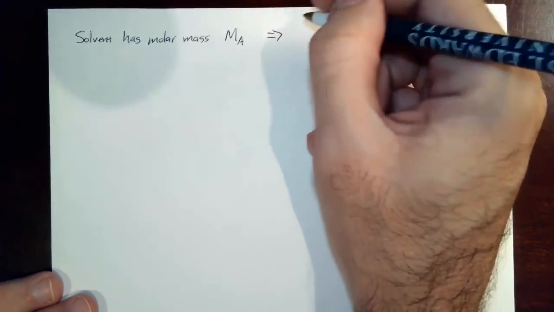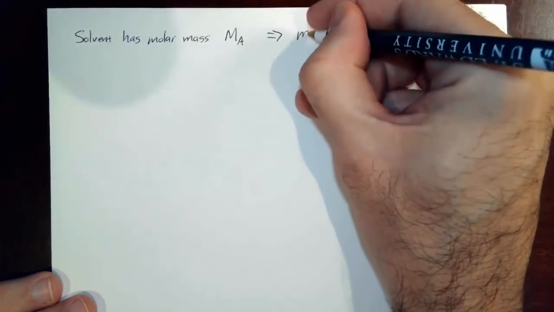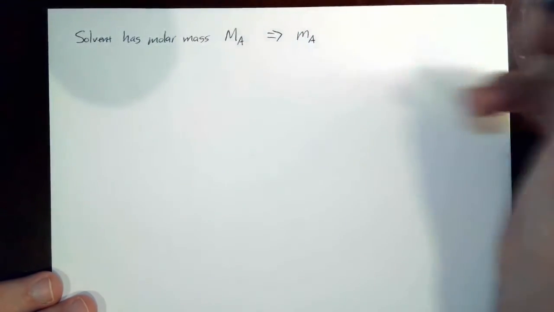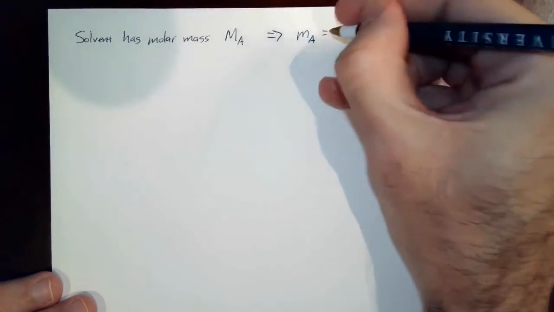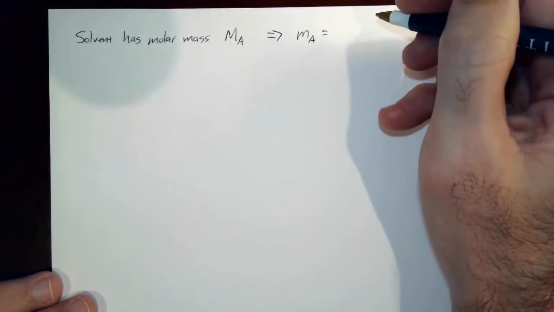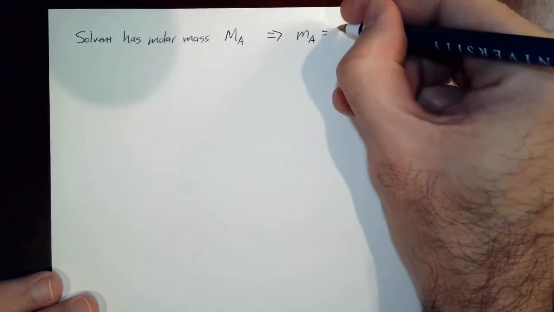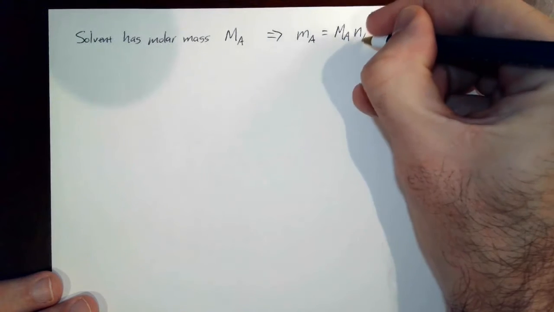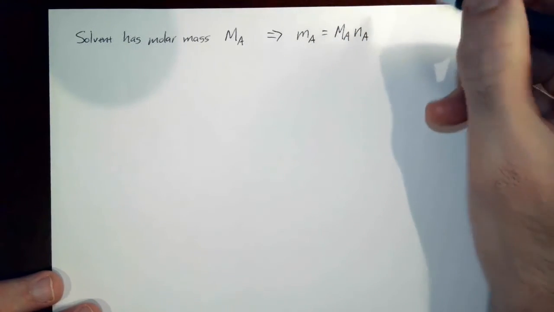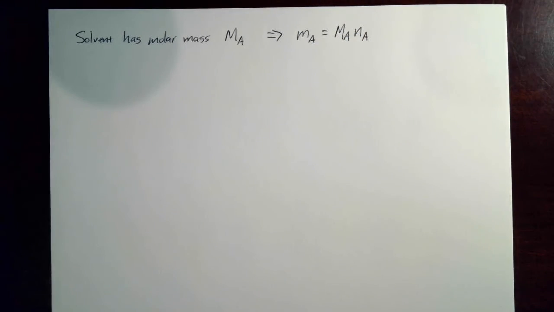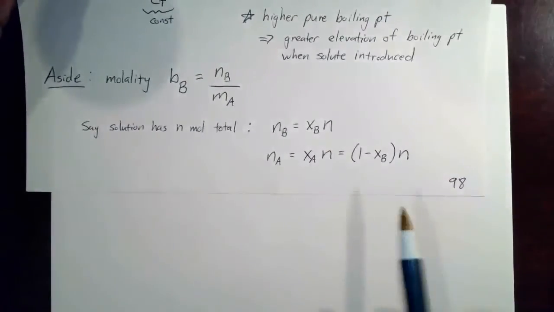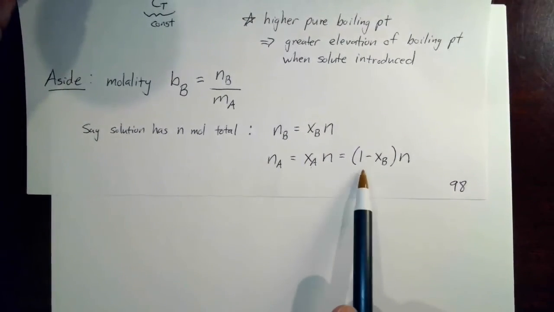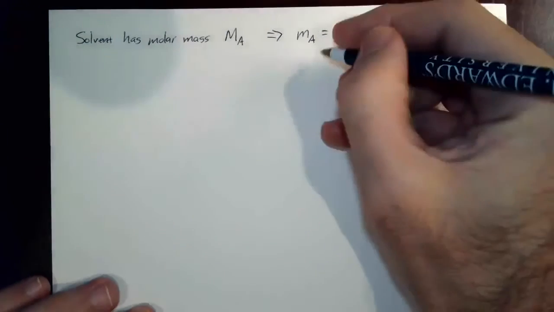So in that case, the total mass of solvent, which was in the denominator of our molality definition, is equal to the molar mass of the solvent, it's mass per moles, times the number of moles of solvent. And earlier, we saw that NA is equal to 1 minus XB times N, so I'm going to make that substitution.